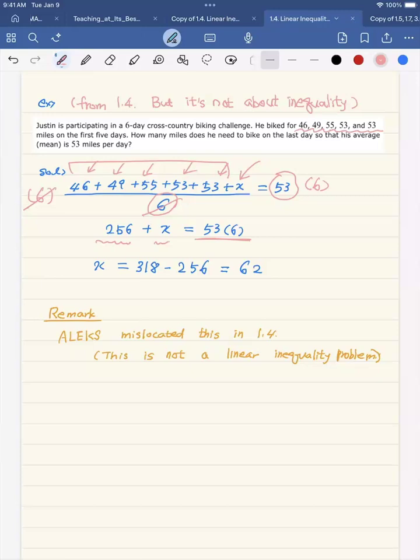And then we subtract 256 on both sides. Then we have 318 from 53 times 6 minus 256. That is 62.